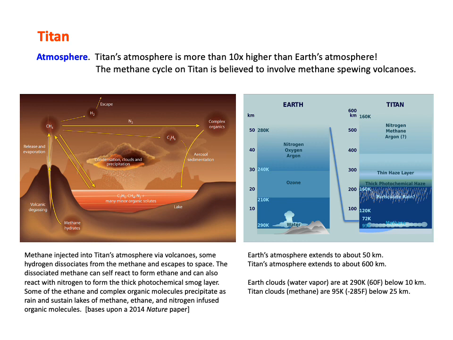Now, if you look at the right hand side at the blue figure, it gives the height of the two atmospheres. And on the left is the Earth, and that scale goes from basically the ground all the way up to about 50 kilometers. And the temperature drops from about 290 degrees absolute temperature, which is effectively your room temperature, but on the absolute scale.